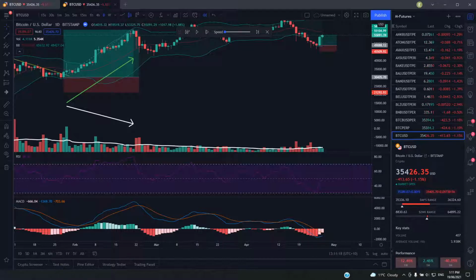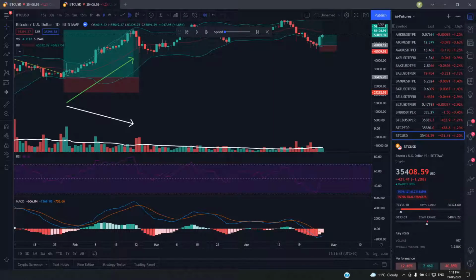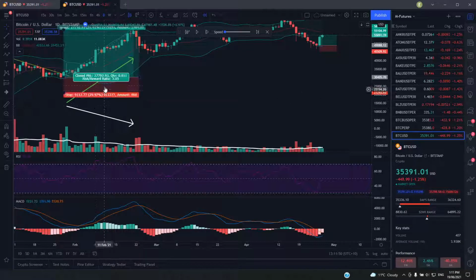This shows that there is buyer support mostly, though it will come to a halt as buyers look to take profits, causing a sell-off. What else can we see?